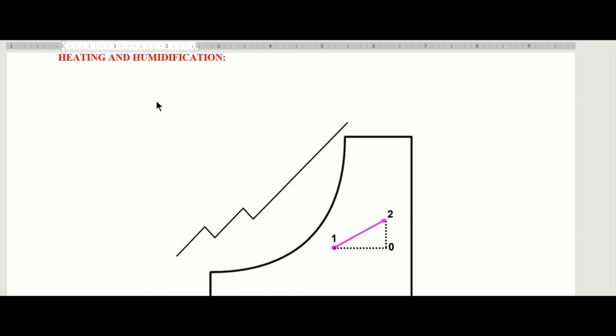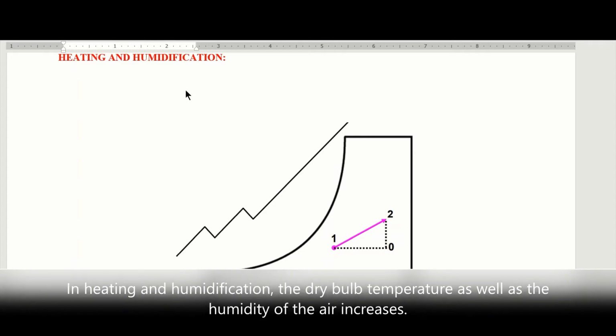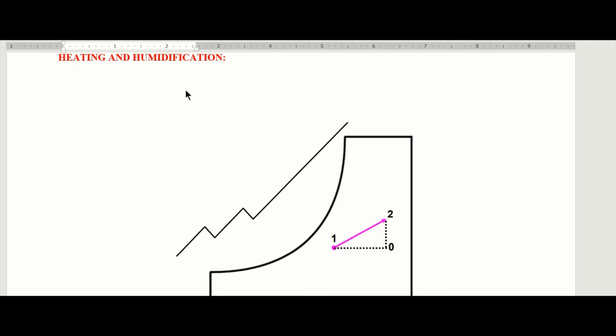So the second psychrometric process we shall be looking at is heating and humidification. Now, in heating and humidification, the dry bulb temperature as well as the humidity of the air increases. That is very important.